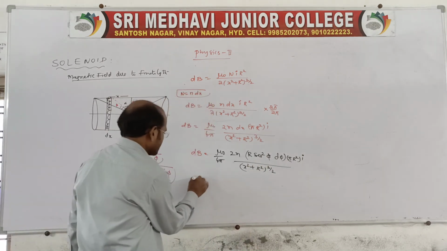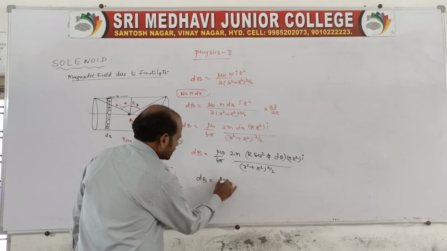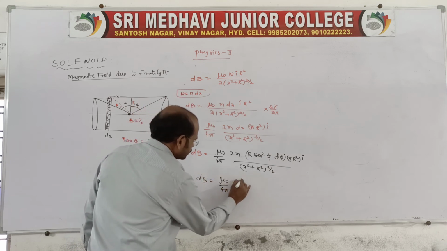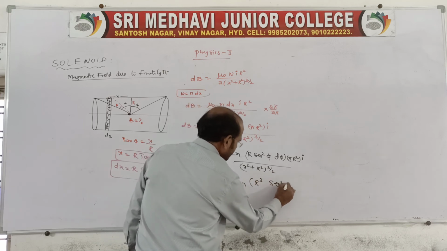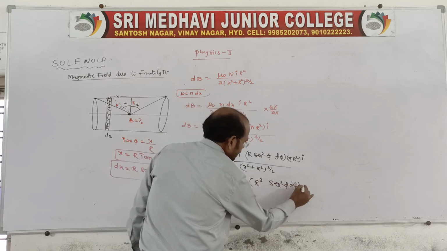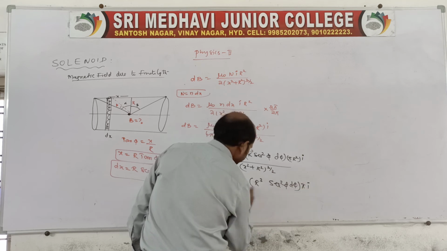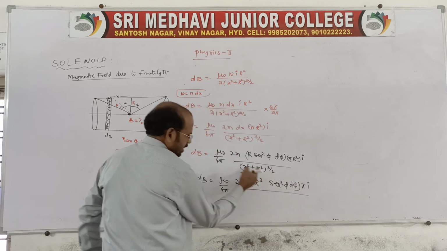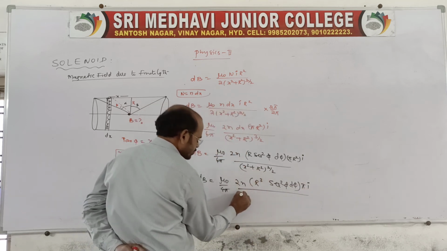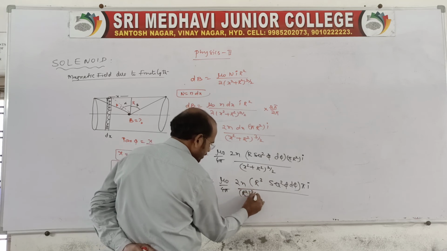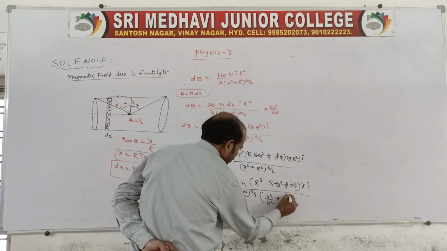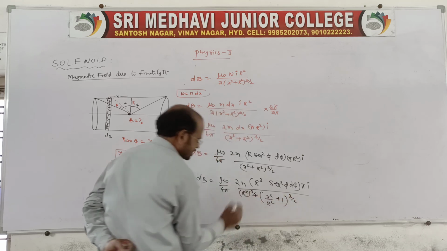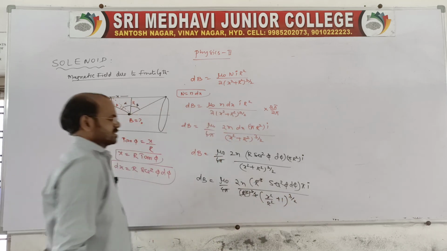So dB is equal to mu naught by 4 pi into 2n into capital R cube secant square phi d phi into I, by, taking R square common, x square by R square plus 1 whole power 3 by 2. So this cancels, and R cube also cancels.